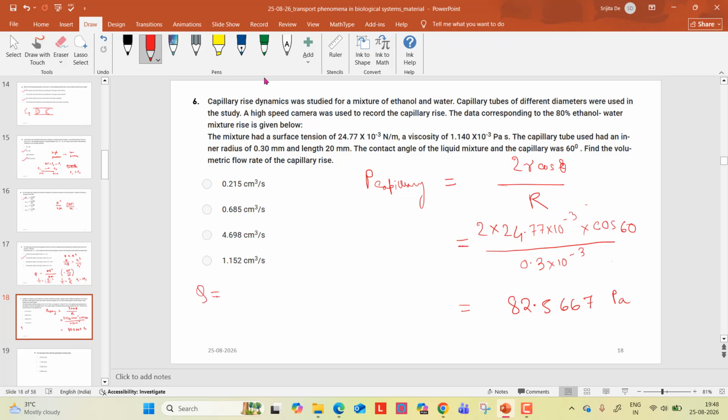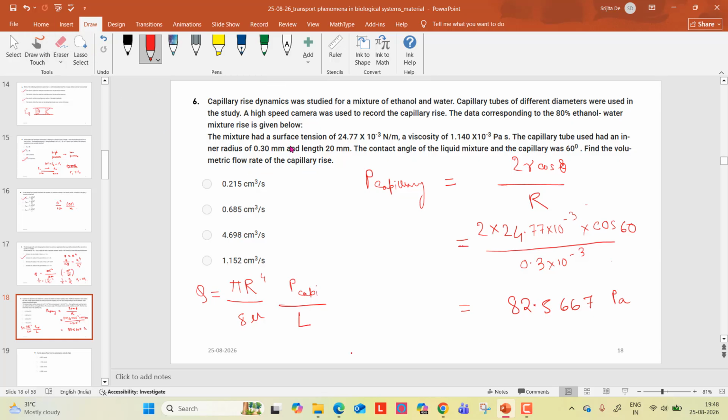So volumetric flow rate, we know pi r to the power 4 by 8 mu into pressure drop. Pressure drop is the P capillary divided by the length L. Okay. So if you put these values, we'll get the Q. So we can do it in the next page.